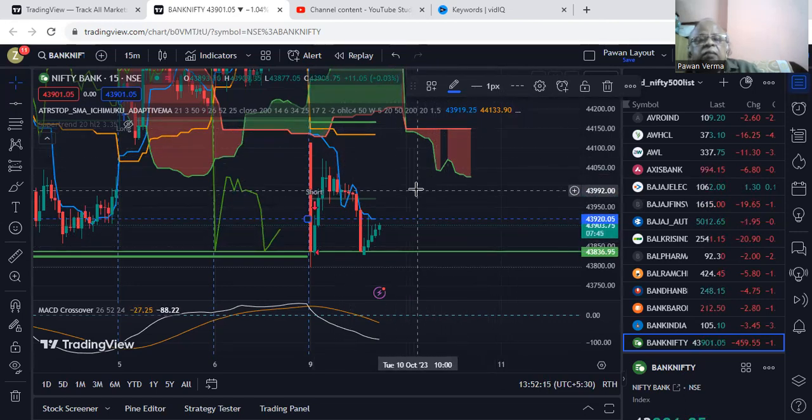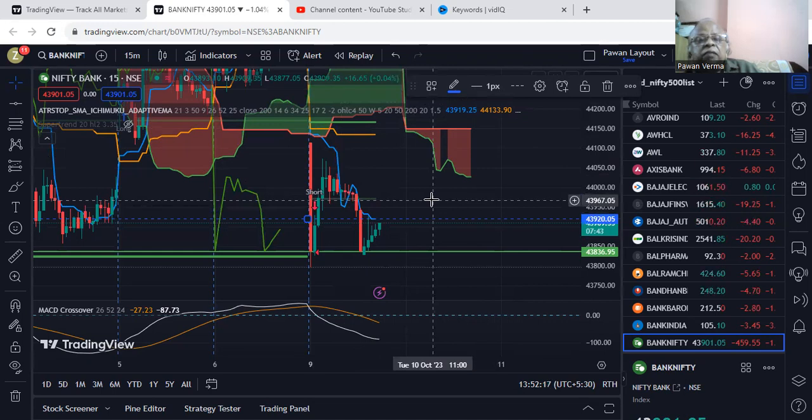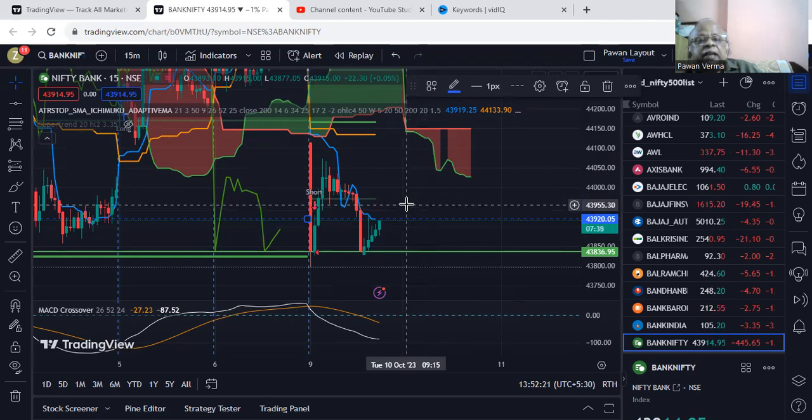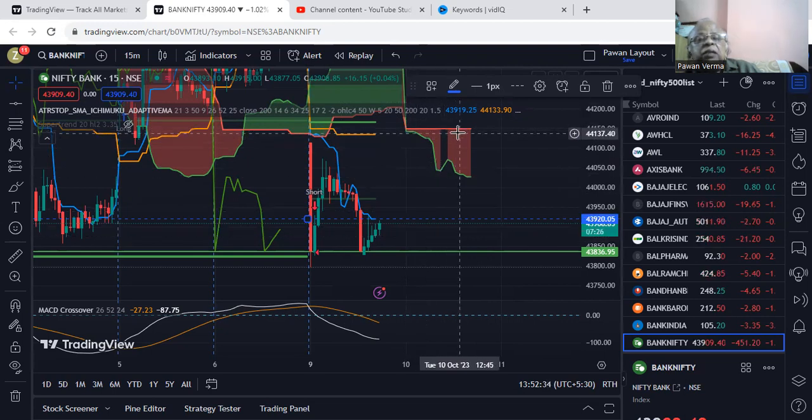This is the level, my dear friends, where if the index is traded above this particular level, one can assume that the buying has come into force and the index value will increase to the level of 44,135. This is the level.